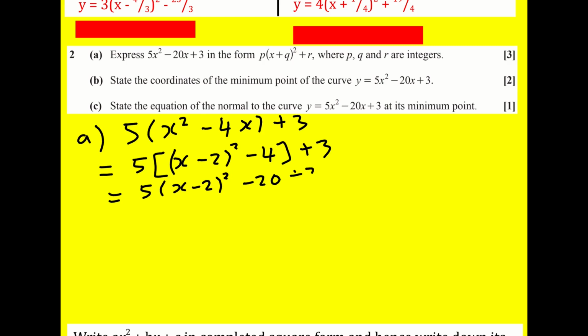I do advise showing this level of working just in case you make a mistake. And we're nearly there. You can see in the answer, p, q, and r are integers, whole numbers. We can see we're going to get that. We don't actually need to state what they are. That's enough. We're done.